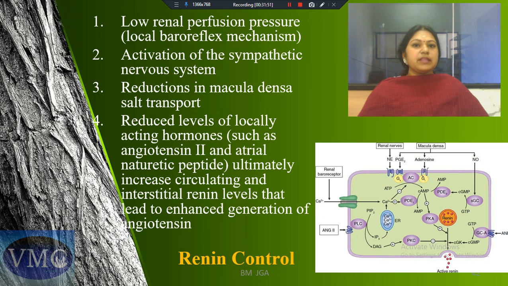Not only the reduced sodium chloride content at the juxtaglomerular apparatus, as we just briefly looked at, but also low renal perfusion pressure, that is local baroreflex mechanisms, activation of the sympathetic nervous system, reductions in macula densa salt transport, and reduced levels of locally acting hormones like angiotensin 2 and atrial natriuretic peptide, ultimately increasing circulating renin levels that lead to enhanced generation of angiotensin.